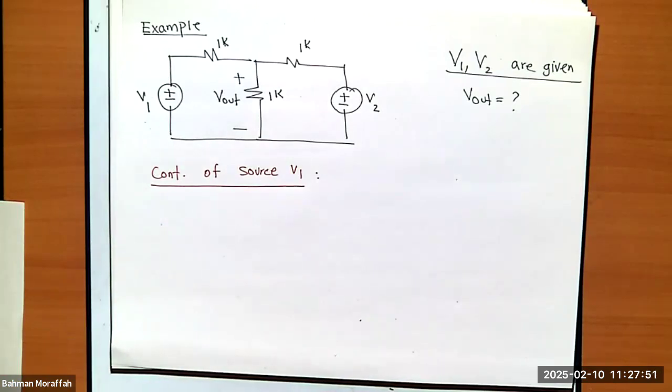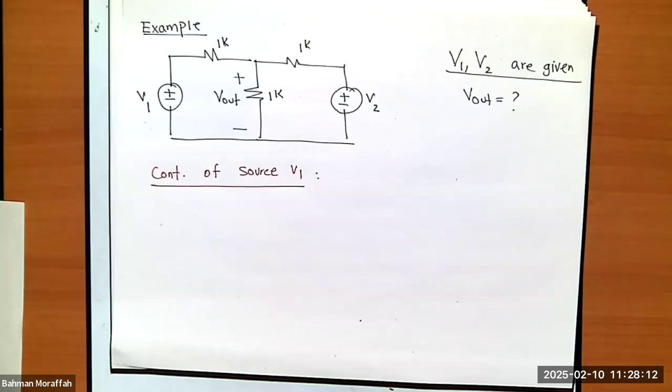If I want to find the contribution of source V1, I'm going to have to keep V1 and zero out the other one. What happens if I zero out V2? It means I have to set the value of V2 to 0. What happens if I have a voltage source with value 0? It's just a short circuit.